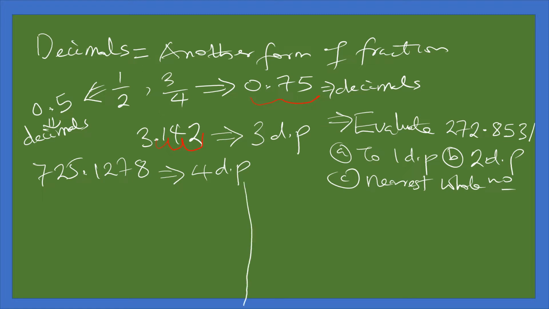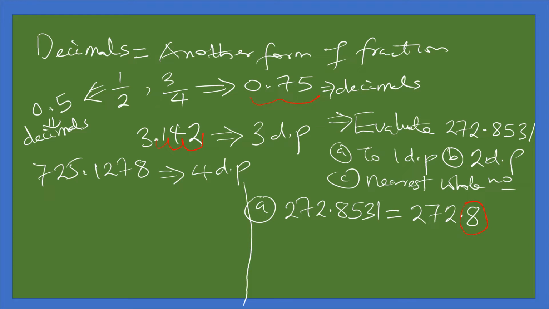The first answer, A, they said to 1 decimal place, so 272.8531 is equal to 272.8 to the first decimal place, because we have just 8 immediately after the point. But this is not correct. Why? I will explain to you.